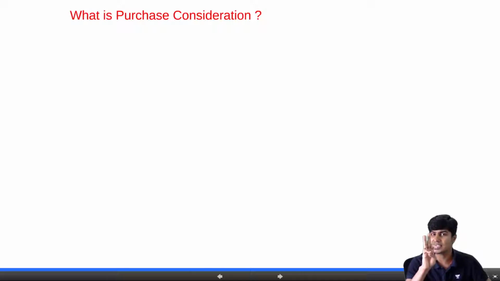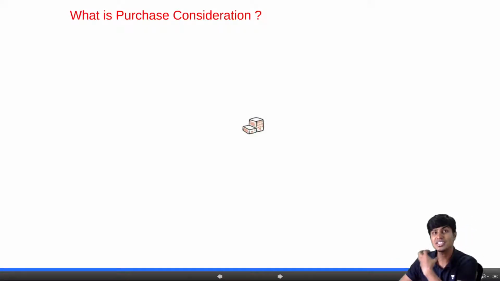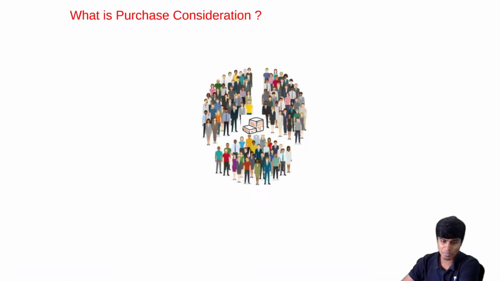For receiving these, I have to compensate them and pay them money. So such money in any form that I pay to the transferor company is purchase consideration. So purchase consideration is what we pay to the transferor company.